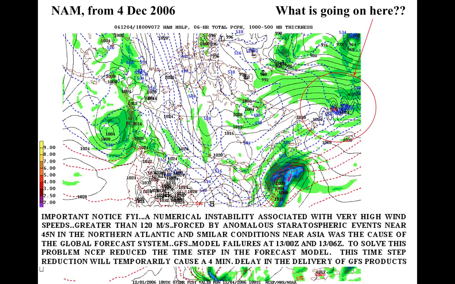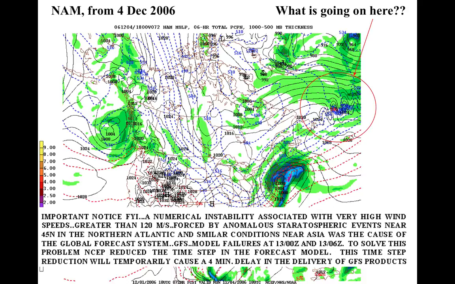So what did they have to do? They had to reduce the time step, which made all the products run a little slower, and so a reduction will temporarily cause a 4-minute delay in the delivery of GFS products. 4 minutes, not that bad, but still a non-zero amount of time when we are really waiting for some of those solutions to come about. So don't violate your CFL criteria, otherwise your model goes whoop kablooey, which it did for the GFS back in December of 2006.